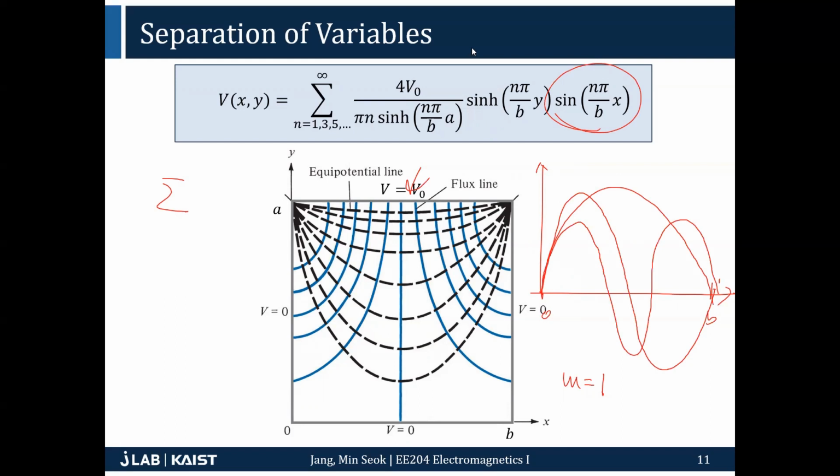So with respect to the center point, b divided by 2, when n is an odd number, the sine function becomes symmetric. And when n is an even number, as you can see in this example, it becomes anti-symmetric, which doesn't make sense, right? Here, you should have a mirror symmetry. So all the terms should satisfy this mirror symmetry, so an even n is not allowed in that sense.